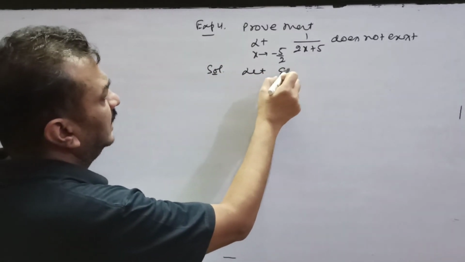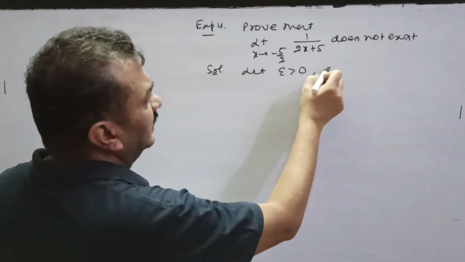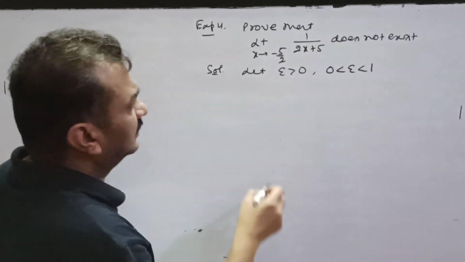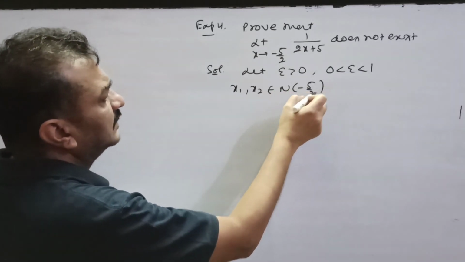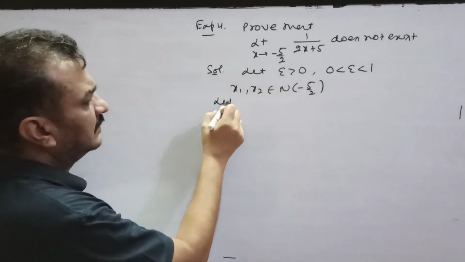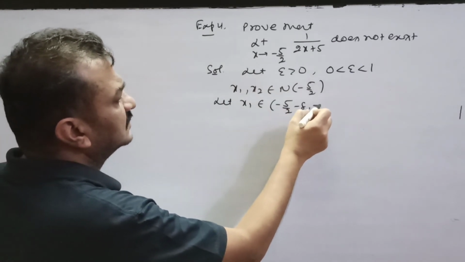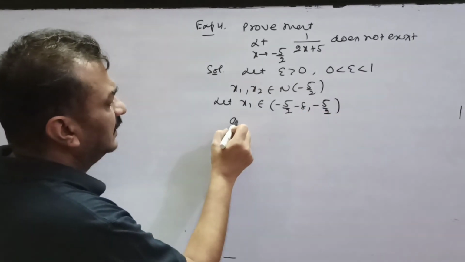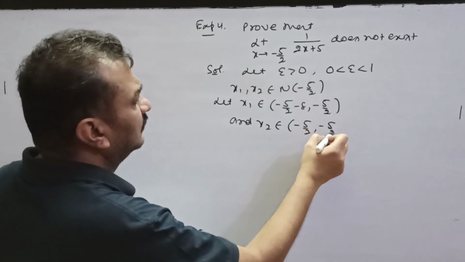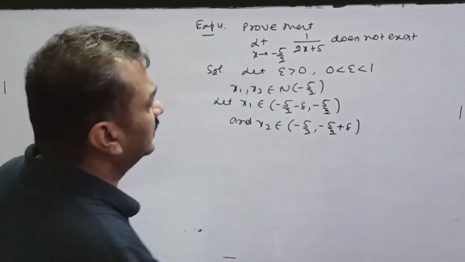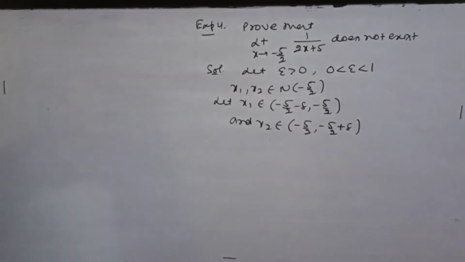Let epsilon be greater than 0, and epsilon lies between 0 and 1. Take x1, x2 belonging to the neighborhood of minus 5 by 2. Let x1 belong to (minus 5 by 2 minus delta, minus 5 by 2) and x2 belong to (minus 5 by 2, minus 5 by 2 plus delta). x1 lies in the left neighborhood and x2 lies in the right neighborhood.